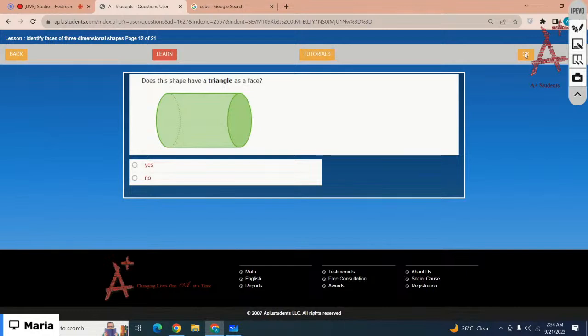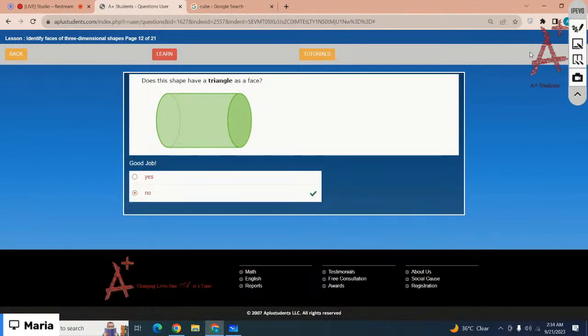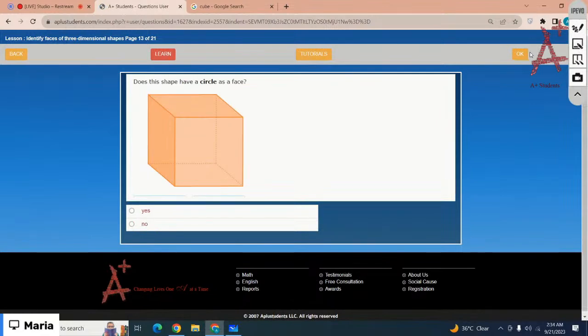Does this shape have a triangle as a face? No, right? Does this shape have a circle as a face? The correct option is no, right?